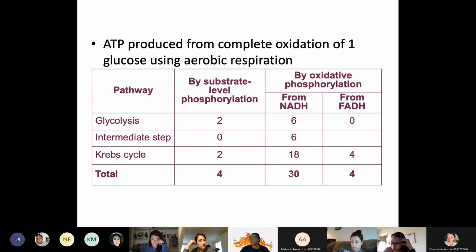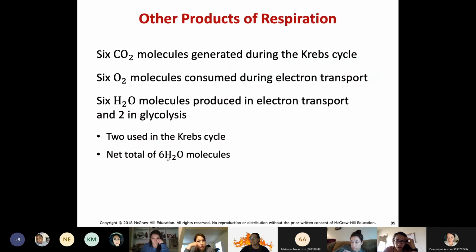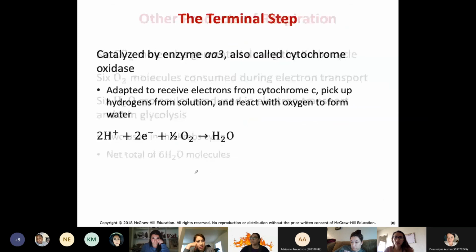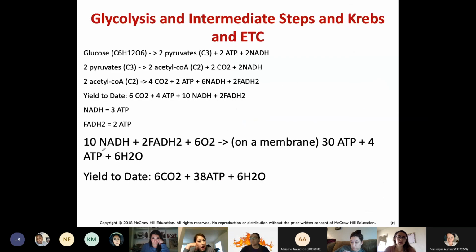What we consider possible with those 10 NADHs is that on average, we can get about 3 ATPs per NADH. So if I had 10 and I can get 3 for each one, that means I'm going to get about 30 from just NADH alone.